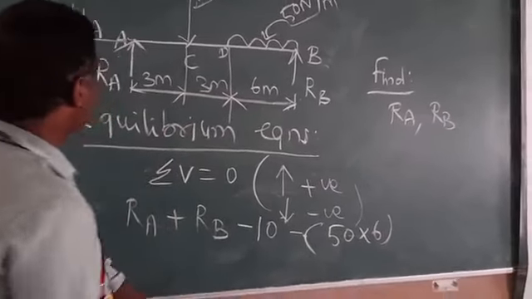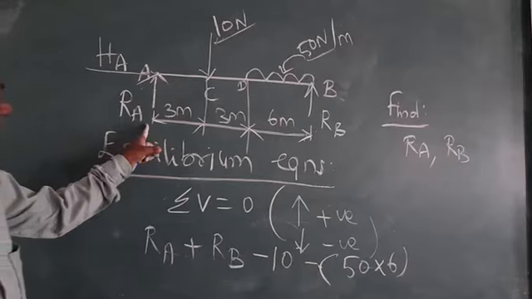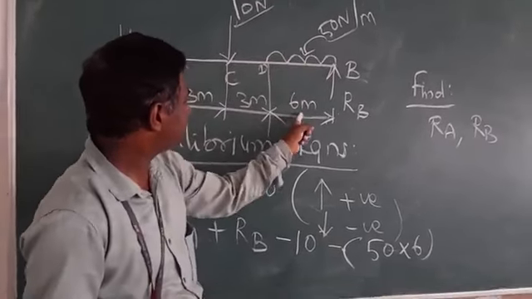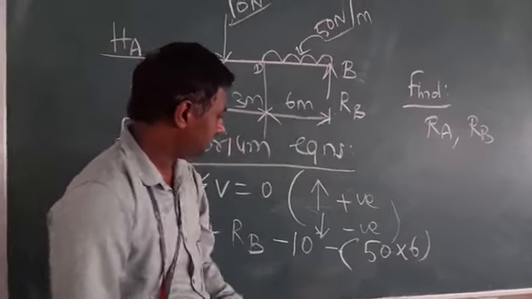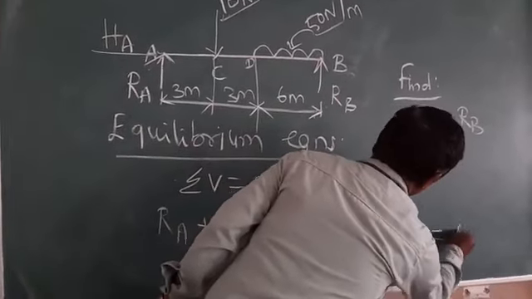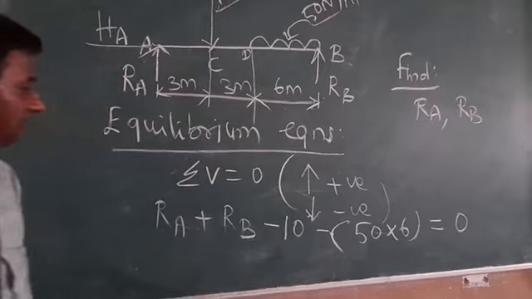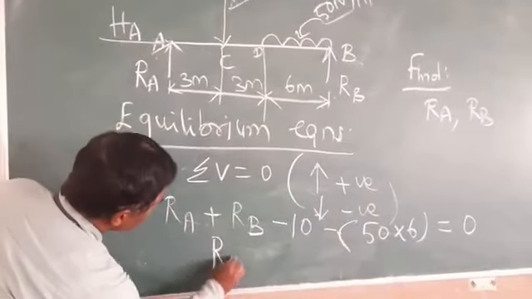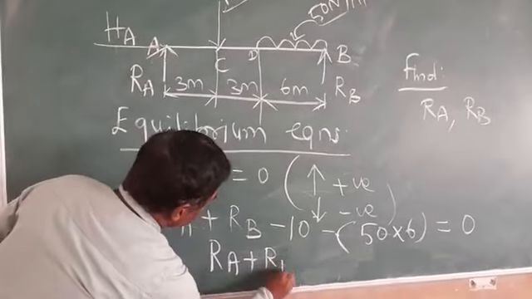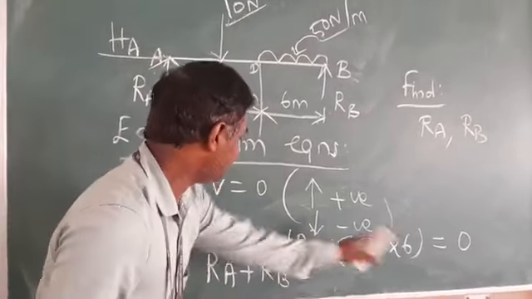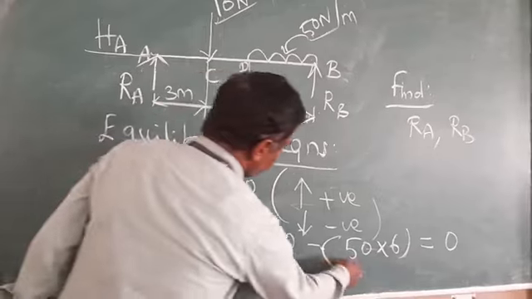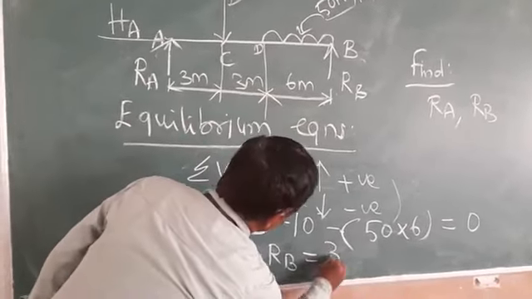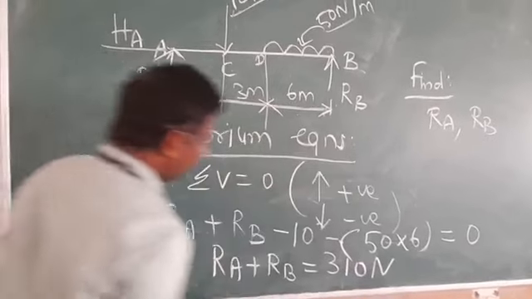So all the loads are considered: RA minus 10 minus 50 into 6 plus RB. Totally you have considered all the forces. The sum of all the forces is equal to 0 with the sign convention. So what will it be? RA plus RB is equal to 10 plus 50 into 6, which is 300, so totally 310 Newton.